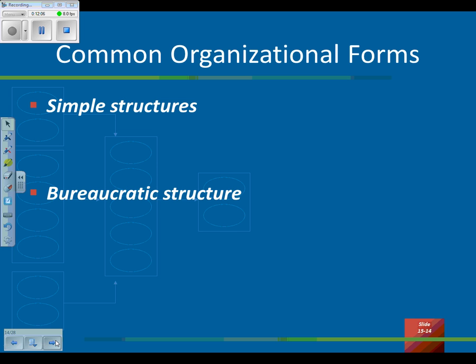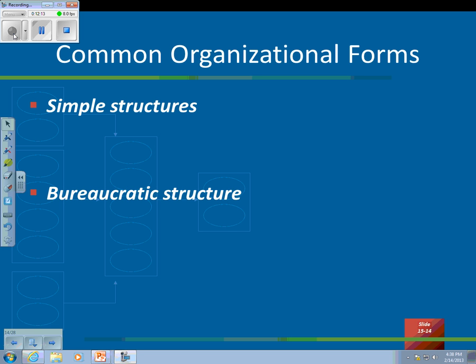So the common forms are the very simple structure and the very bureaucratic structure. Some of you may have grown up in a family business, and the simple structure is typically a small organization with one or a few at the top. One person may be the owner manager, and the company with this simple structure may have little specialization, very little formalization.